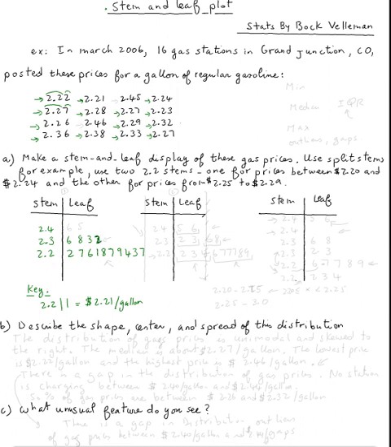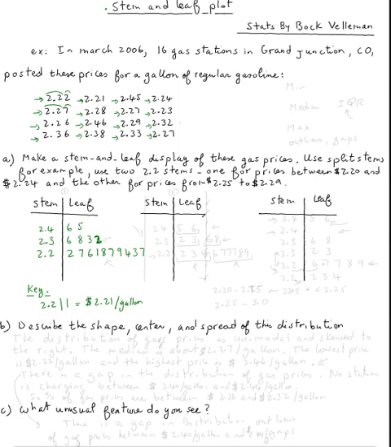This is a 2. Then 2.4: 2.46, I put the 6. 2.45, put the 5 for the leaf. And that's it, we got all of them.